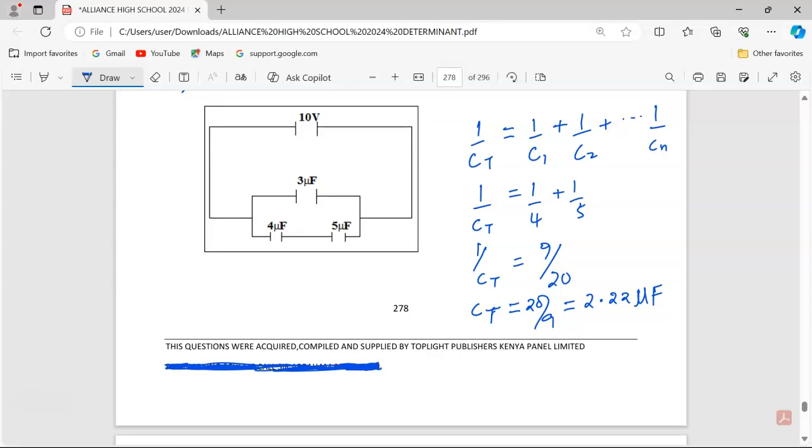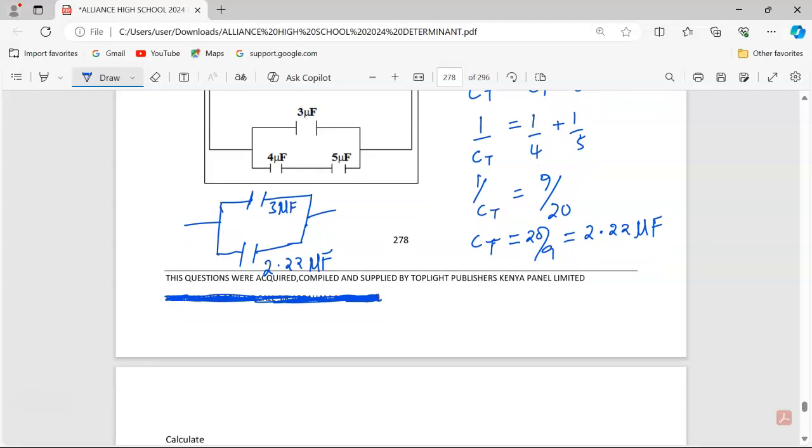Then we have the 3 microfarad capacitor, and on the lower side we have reduced the 2 capacitors into 1 capacitor. The equivalent of 4 and 5 in series is 2.22 microfarads. So we have 3 and 2.22, which are in parallel.